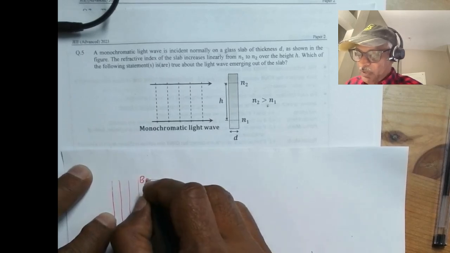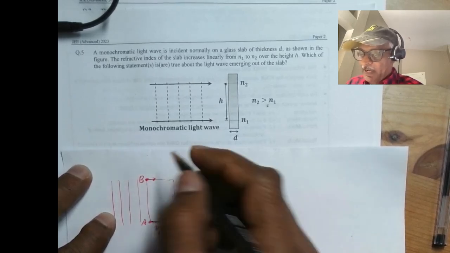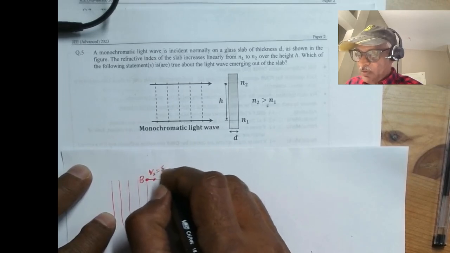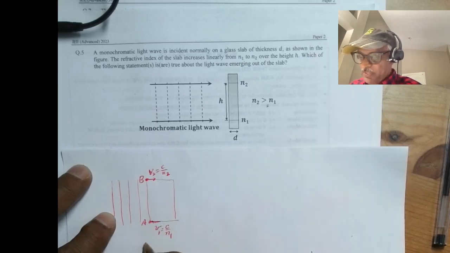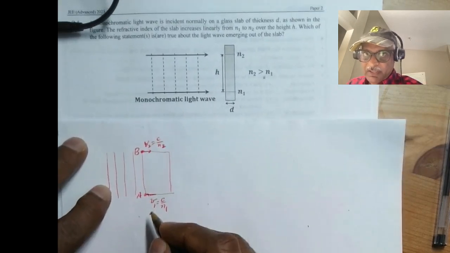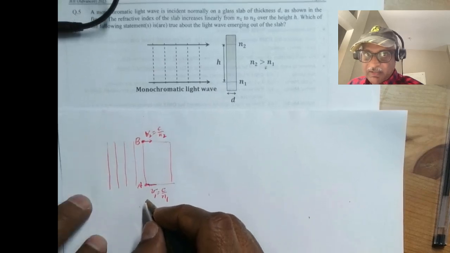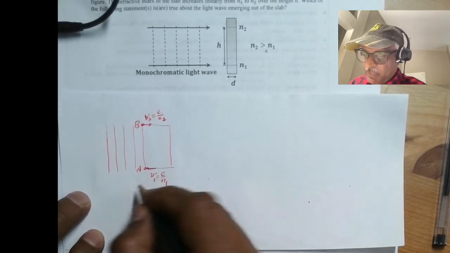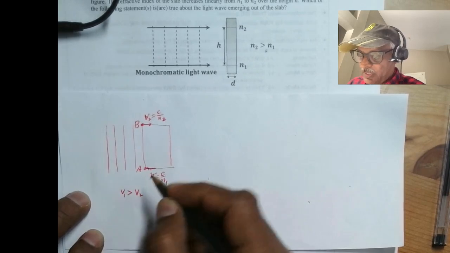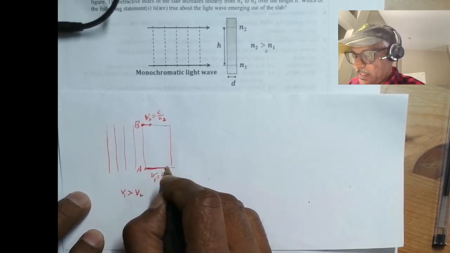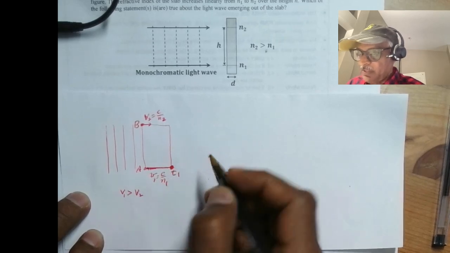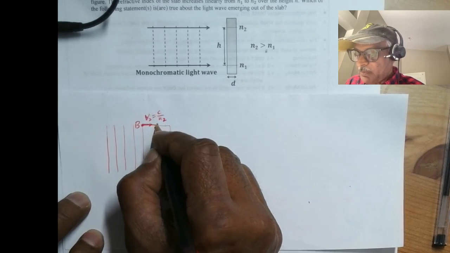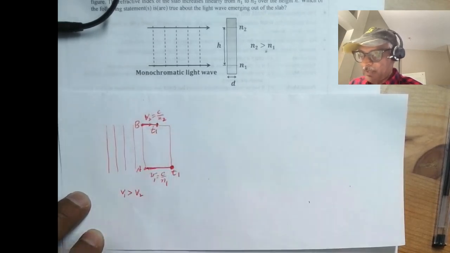Over here v2 is c over n2. I already know v1 is going to be greater than v2. So this part of the wavefront will go over here at time t1, but at time t1 this part has only come up to here.